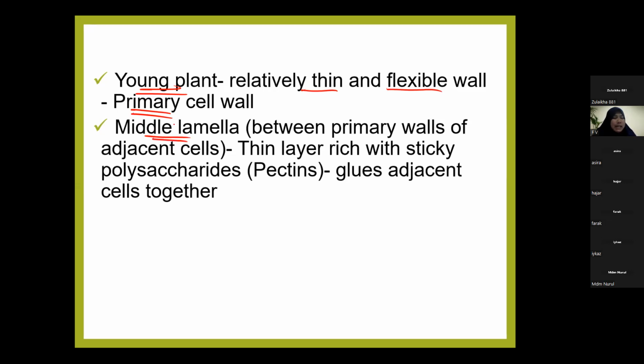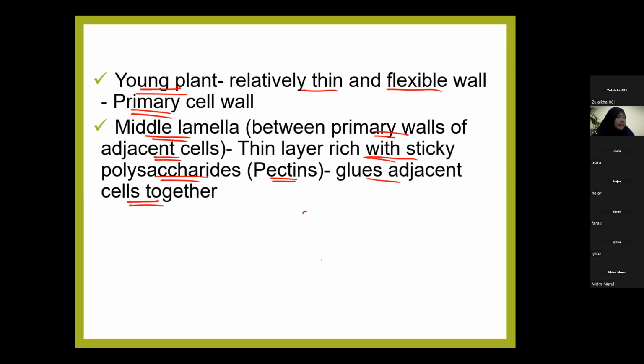What is middle lamella? Middle lamella is between the primary wall of the adjacent cell. Antara primary wall dengan sel yang sebelahnya ada middle lamella. Okay, nanti Meda tunjuk what is middle lamella. So the middle lamella is thin layer that rich with sticky polysaccharides that we call as pectin. So dia adalah gula kompleks. Okay, apa nama? Pectins. Okay, so this middle lamella help to glue adjacent cell together.